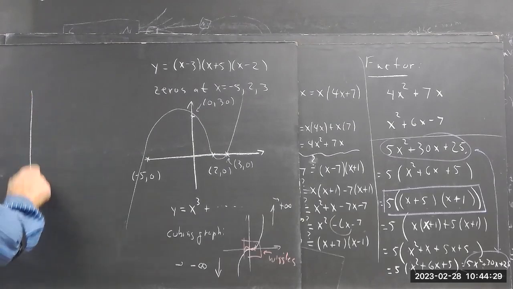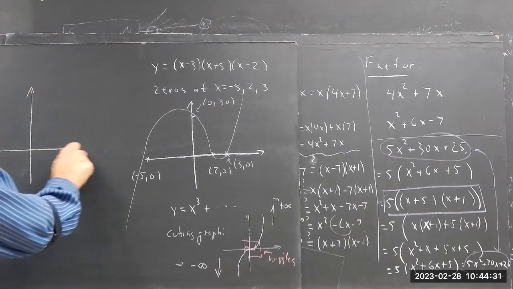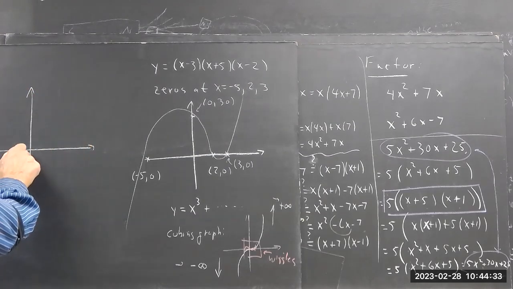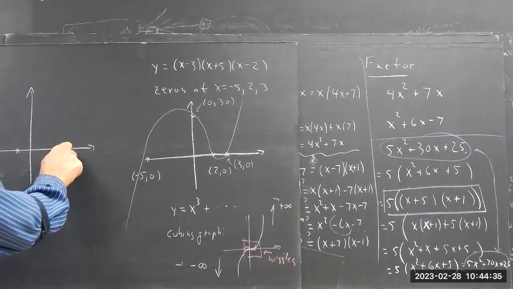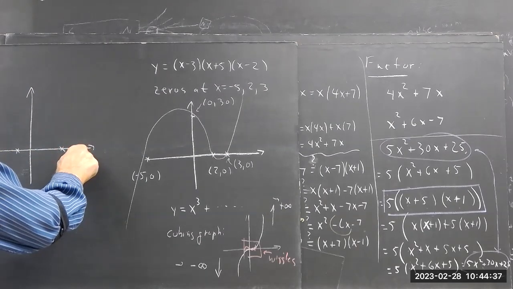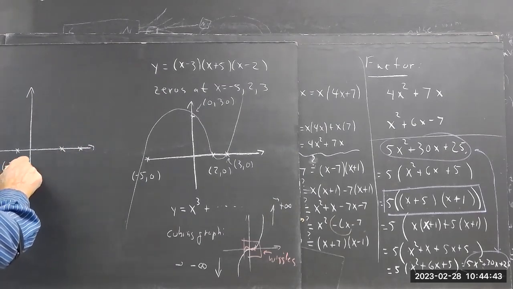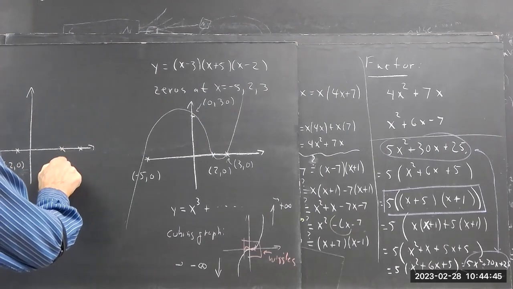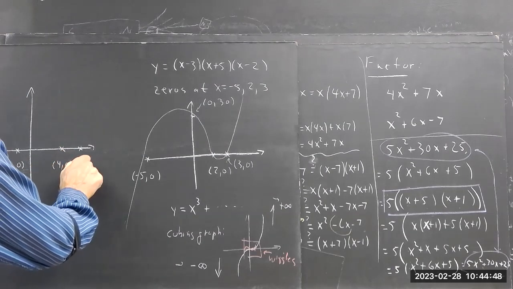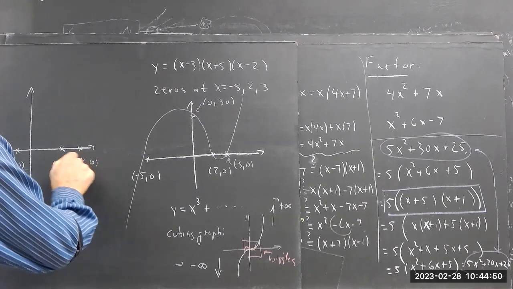Now, if I give you a graph like this, where this is -2, 0, this is 4, 0, and this is 6, 0.